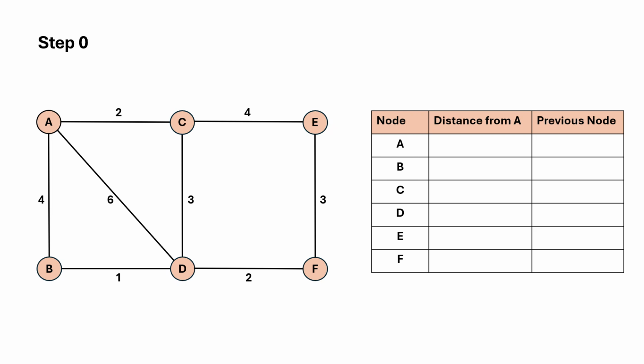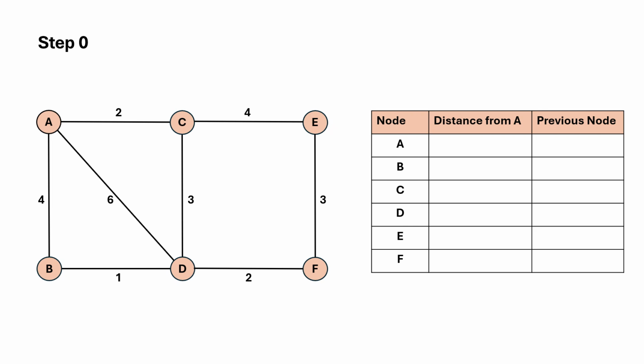Step 0 of this algorithm is to set up a table. In the table, we are going to mention all the nodes that we have to travel from A, including A itself. So A to A, A to B, A to C, up until F. For each node, we will store the current best known distance from A, so the shortest distance up until now that we have discovered from A, and the previous node on that best route.